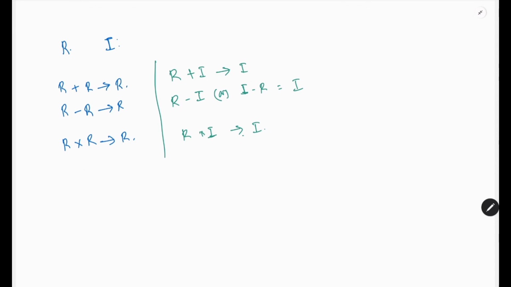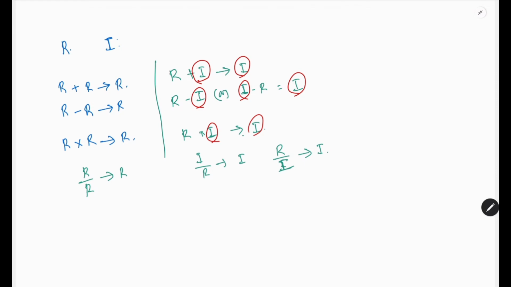If you divide rational by rational, you get rational. If you divide irrational by rational, or rational by irrational, you get irrational. Okay, if in any operation there is an irrational, the answer will be irrational.